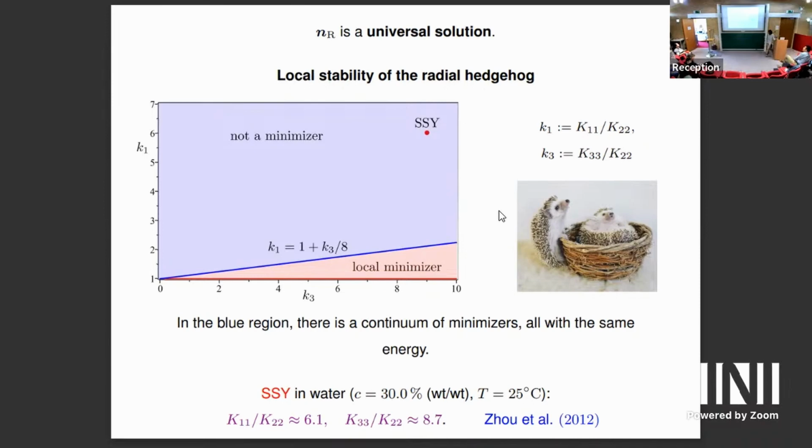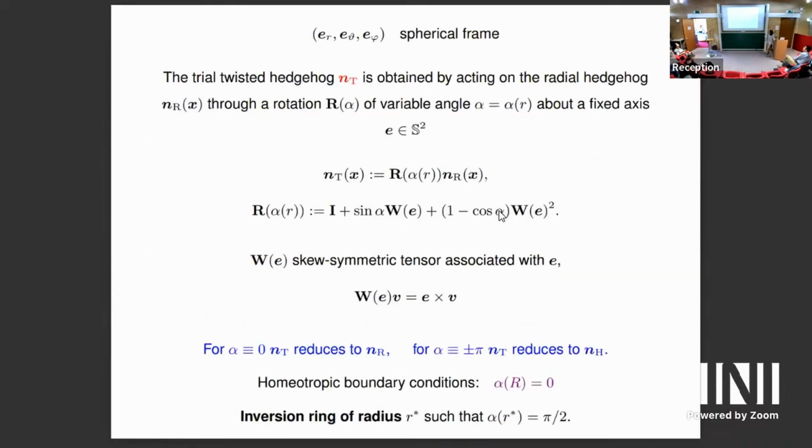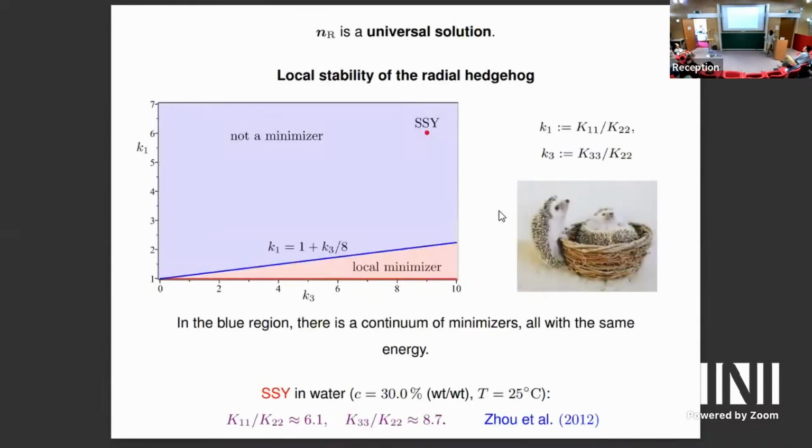And so our twisted hedgehog, which is parameterized by this angle alpha and E, we find, letting the symmetry axis fixed with these optimal angles, we will enclose this continuum of minimizers.